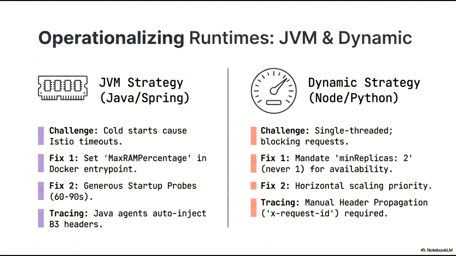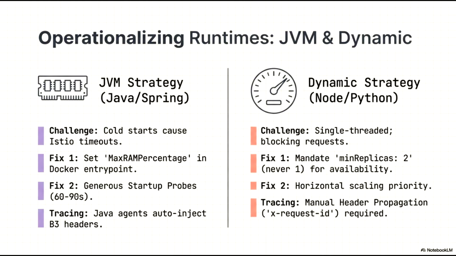To mitigate this, we first set the max RAM percentage in the Docker entry point to ensure the JVM correctly understands its containerized memory constraints. Additionally, we configured generous startup probes, typically ranging from 60 to 90 seconds, to allow the application sufficient time to bootstrap before it is marked as ready. Regarding observability, Java agents are highly effective here, as they automatically inject B3 headers for distributed tracing.